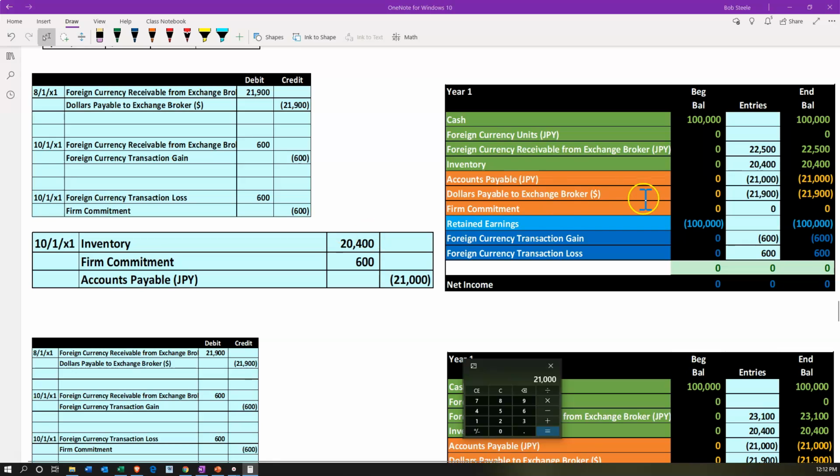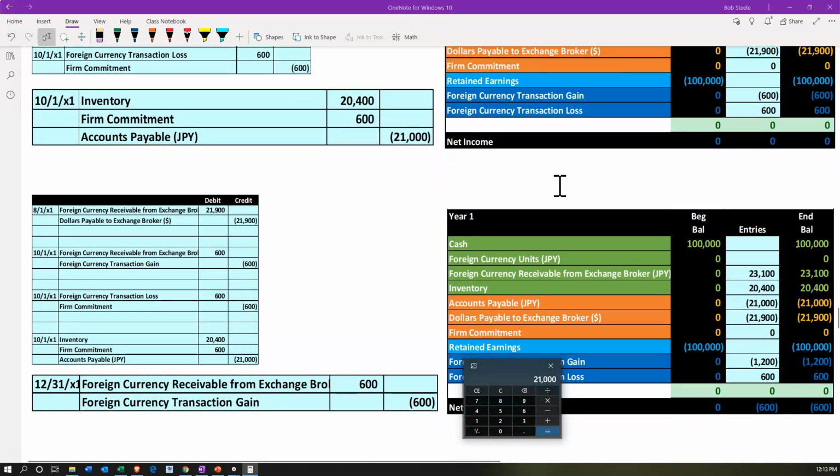If we then record this out, the inventory goes on the books at 20,400. The firm commitment then goes back down to zero. And the accounts payable is on the books at the 21,000, but it's in yen. So it represents the 3 million yen that we're going to have to pay, translated into dollars using the current exchange rate, the spot rate.